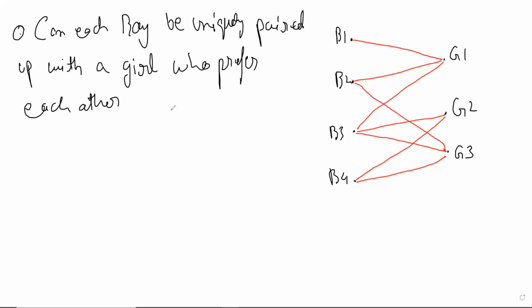So, for us, another example is boy 2 cannot be paired up with girl 2. That's not possible because there is no line between them.